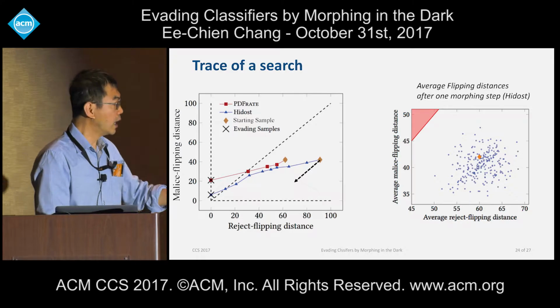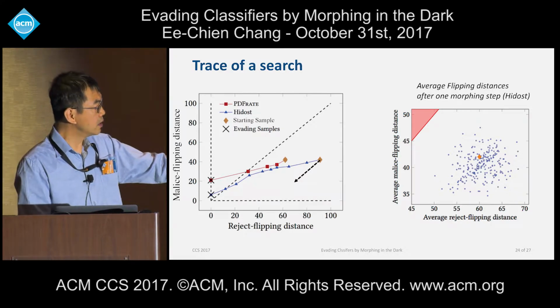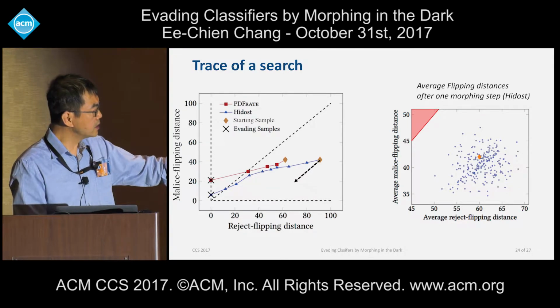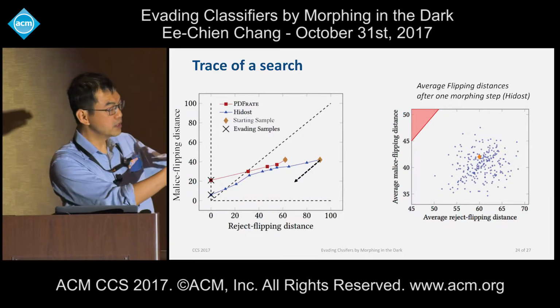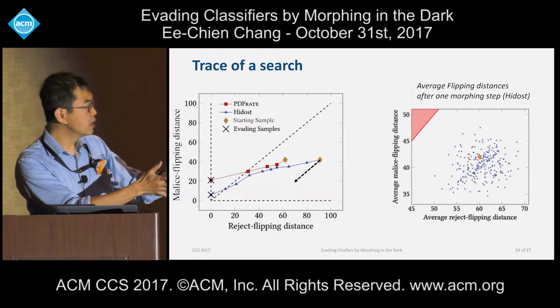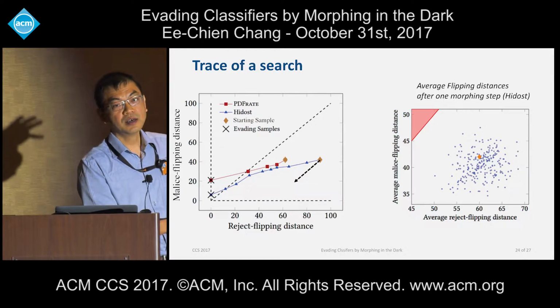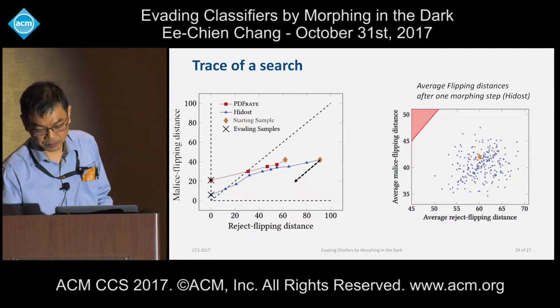So in a certain sense, our searching algorithm tries to push the morphing towards the evading regions.